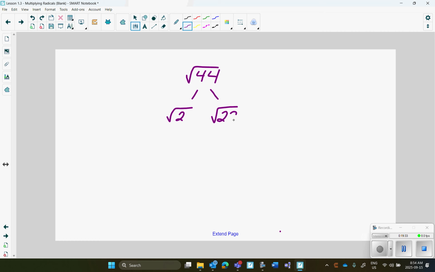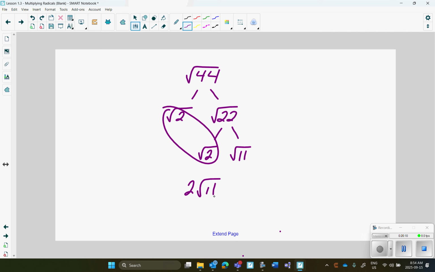And this would be 22, right? Can't simplify this anymore, but I can break this down. What's the lowest prime number that goes into 22? 2. Can I go any further? Doesn't this times this make 2? And I can't do anything with this. Done.